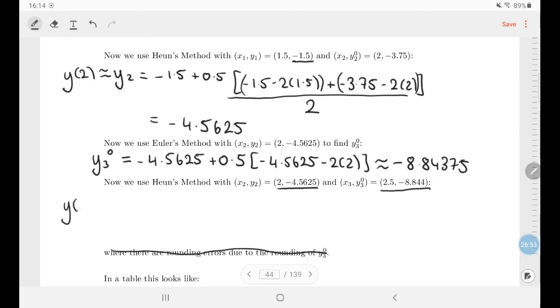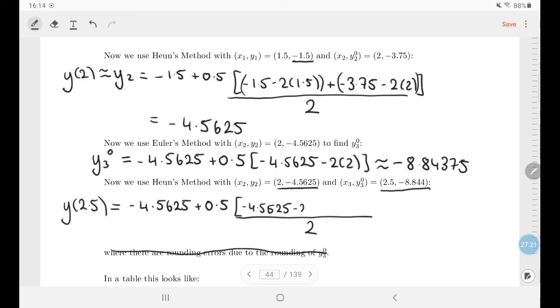So our final approximation to what's happening at 2.5 is to take the previous y value, minus 4.5625, plus the step size, 0.5, and then average two slopes. The first slope, which is according to Heun, y minus 2x, minus 4.5625 minus twice x, plus the slope at the Euler predicted next point.